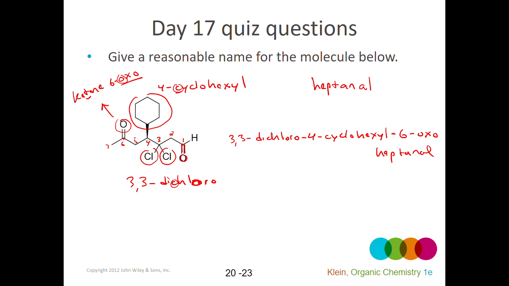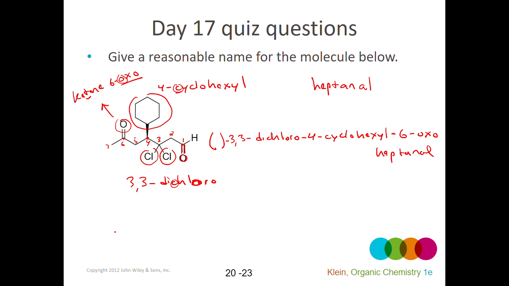I do notice at carbon 4 there's a chiral center, so I do need to determine whether that is R or S. Let's just draw separately over here what's happening at that site.